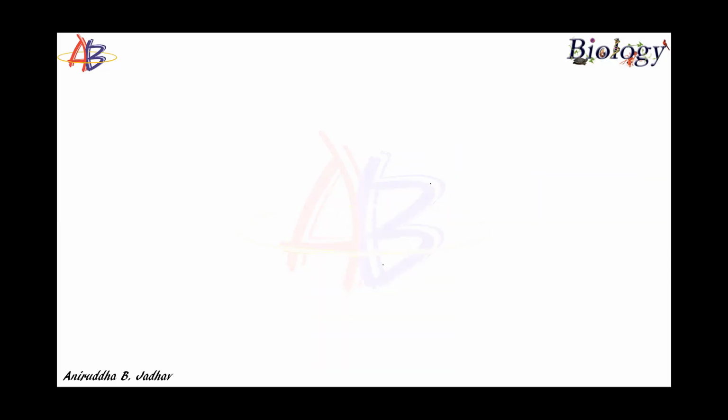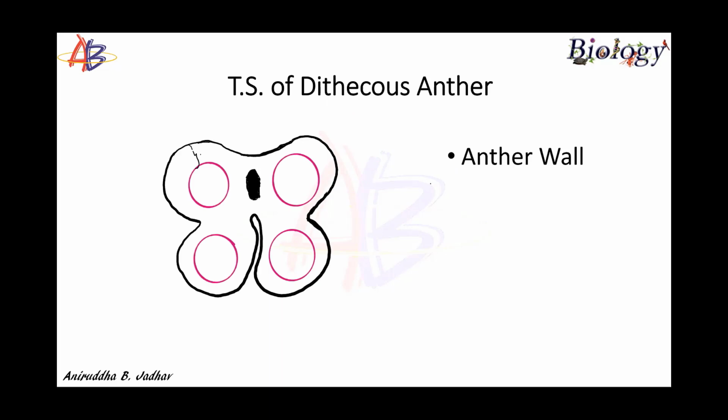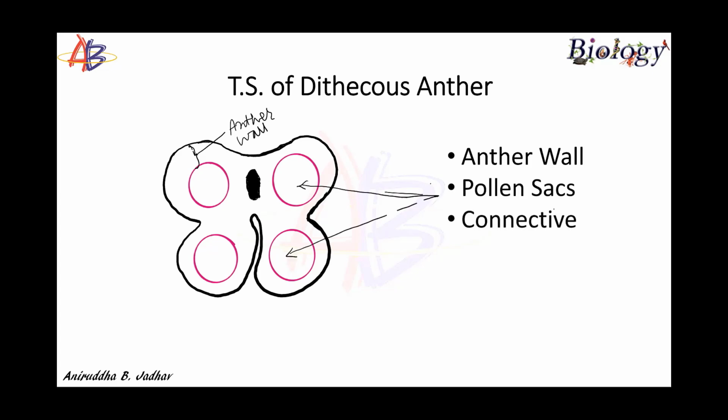If we take a transverse section of an anther, we can observe three important parts: the anther wall, pollen sacs, and the connective. Now let us learn the arrangement and functions of each of these parts.